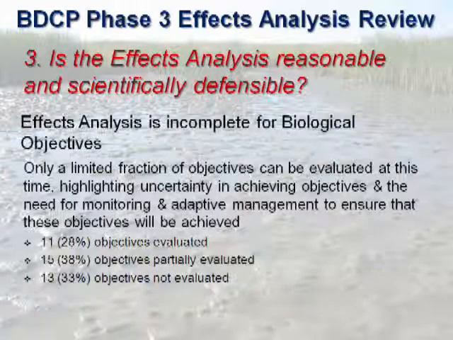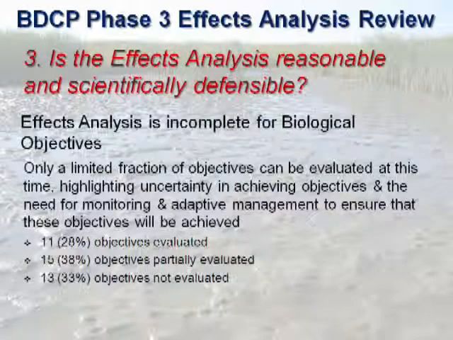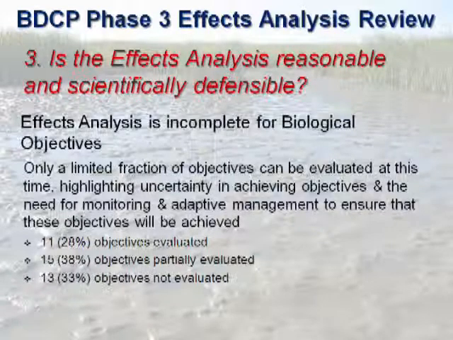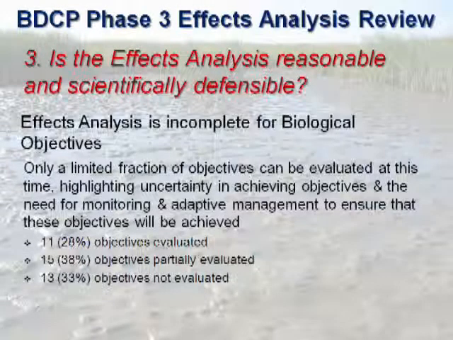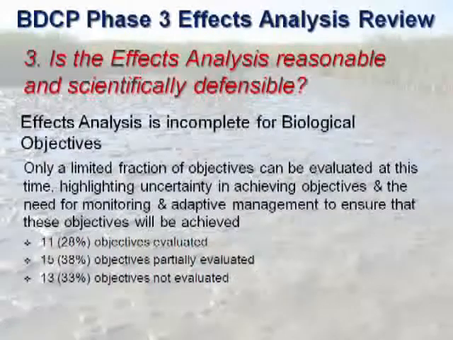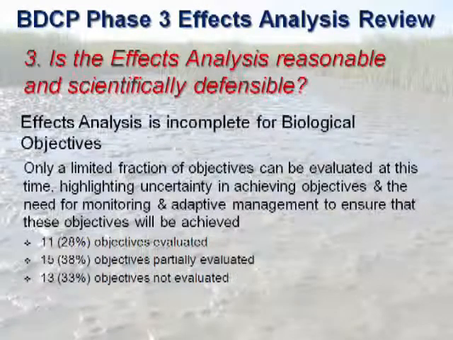You want to be able to achieve those objectives, and yet we don't have the information in the basin to evaluate at this point in time whether or not those objectives might be achieved. So therefore, this raises uncertainty in the overall effectiveness of the plan, and highlights the need for monitoring and adaptive management as the project continues.